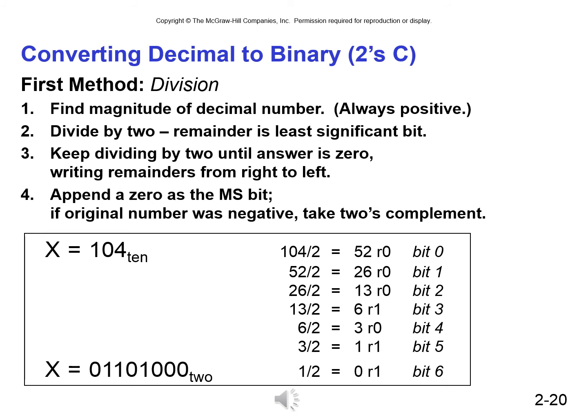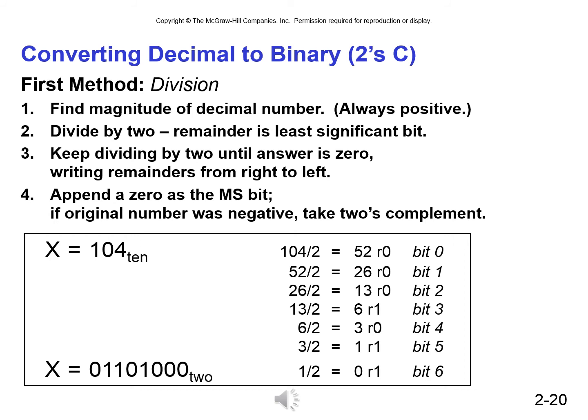Remember when we were looking at binary numbers? Bit 0 is always 1 or 0. And if the number is even, it's going to be a 0. So if you divide the number by 2, if it's an even number, bit 0 is going to be 0. If you divide it by 2 and it's odd, bit 0 is going to be 1. So that's a big hint as you get started.